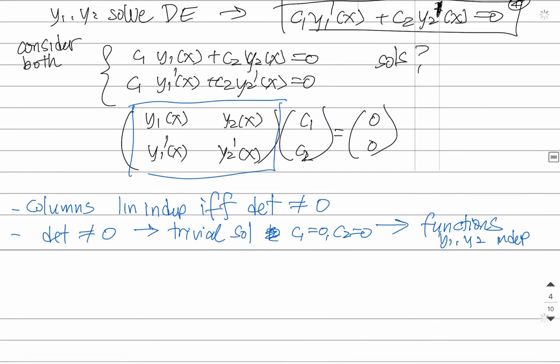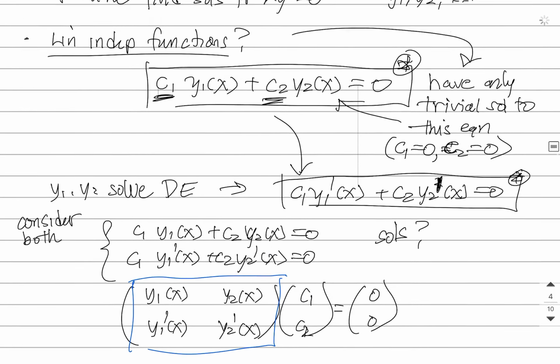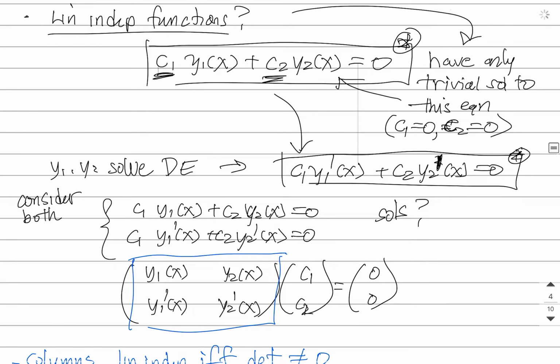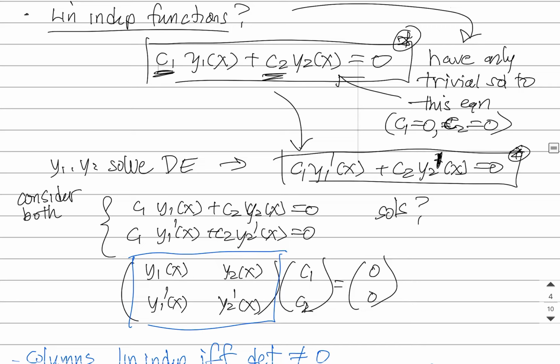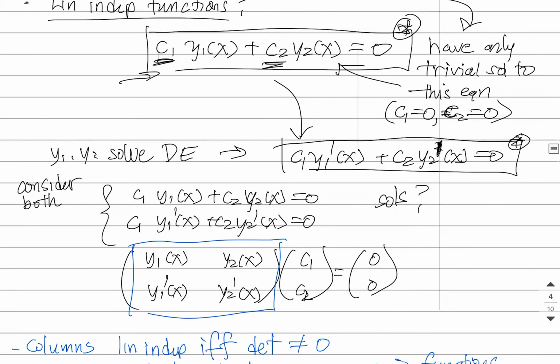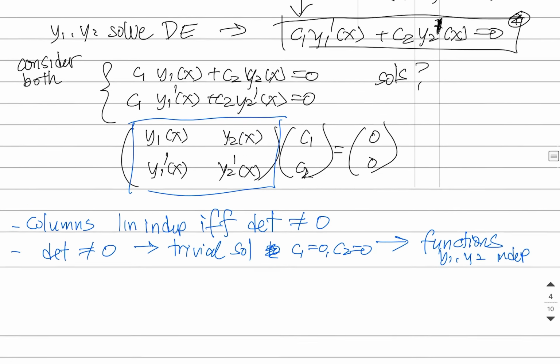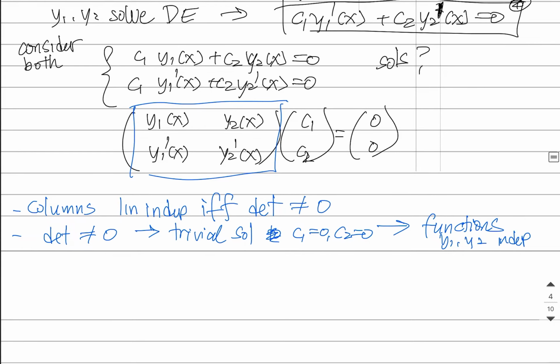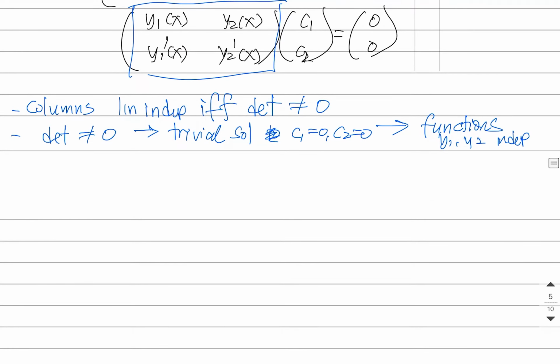To summarize, I was asking what it means to have linearly independent functions. I need this combination right here to add up to 0 only if I take none of the first and none of the second. It turns out that a nice convenient test for doing that is related to this matrix. So here's a test.